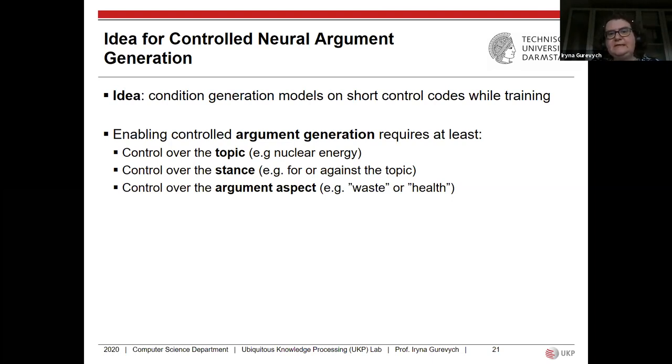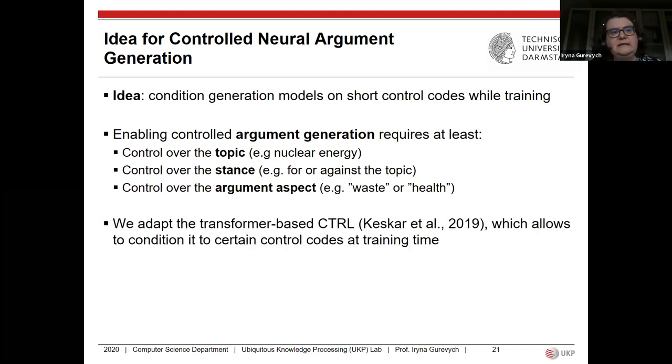The topic, for example, nuclear energy, the stance for or against the topic, and the argument aspect, for example, health or waste, which represents a very particular facet about that topic. And technically, we adapt the transformer-based CTRL. It stands for Conditional Transformer Language Model, that allows to condition it on certain control codes at training time.